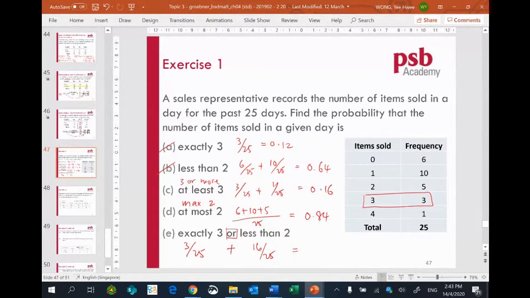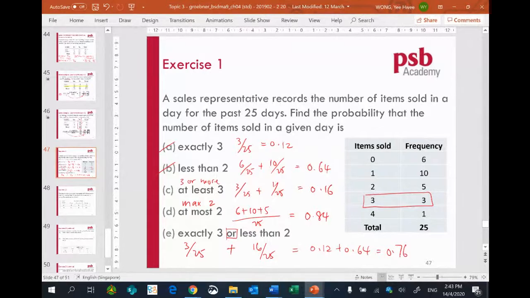So you just add the actual cases, can add the number 0.12 plus 0.64, so you get 0.76. Okay, manageable for this simpler exercise.